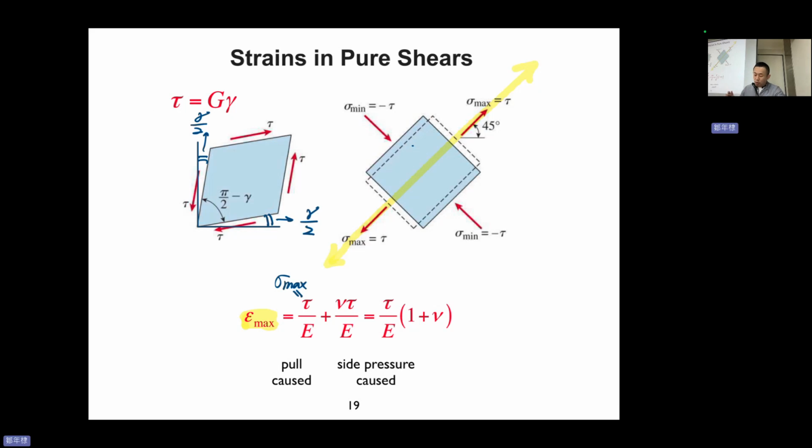has two contributions. The first one is caused by tensile. The other one is compression. Well, it's not side pressure, it should be compression.